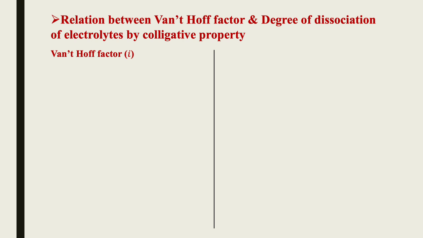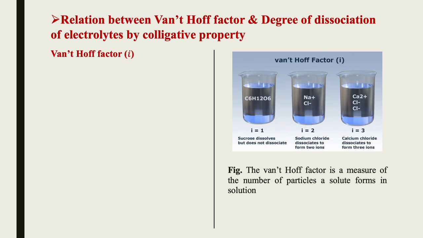Van't Hoff factor is denoted by small i, and in the right hand side you can see the figure where this Van't Hoff factor measures the number of particles of a solid from its solution. We are just checking how many solid particles are there. Suppose take the example of sucrose. If you dissolve it in water, you will end up with only 1, that is the i value is equal to 1, because there is no dissociation of ions.